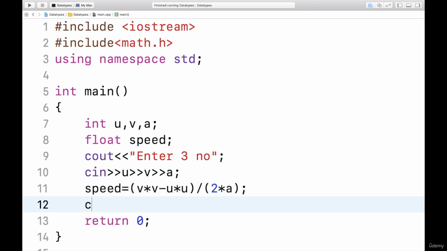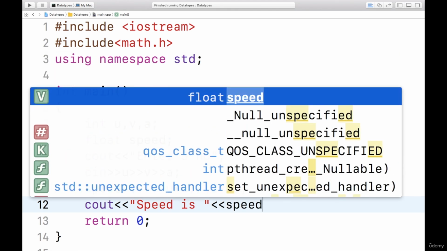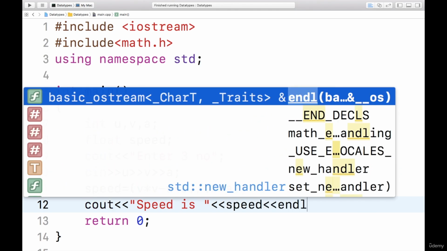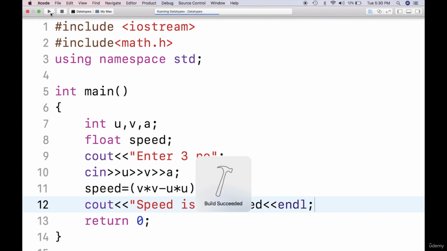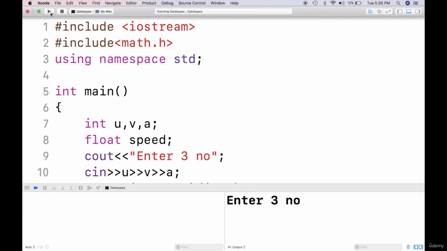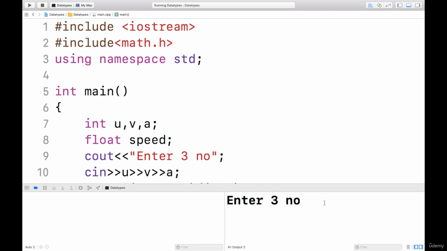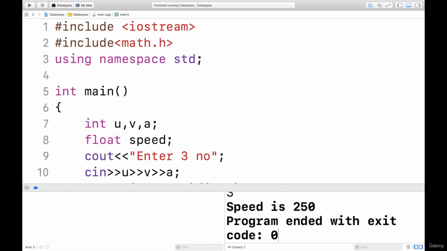And finally we will cout speed is, the value that we got in variable speed. Initial velocity is 10 and the final velocity is 40 and the acceleration is 3. So speed is 250.